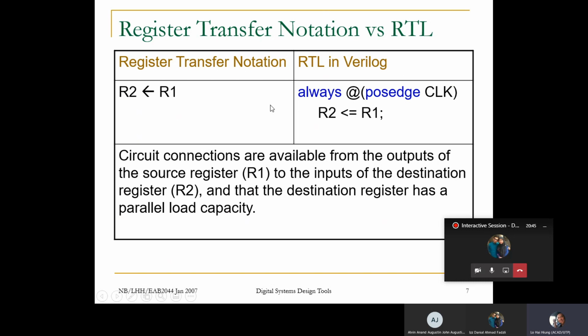So in the Verilog RTL descriptions, we know R2 and R1 are both registers, so they will be triggered by the clock edge, and then data is transferred from R1 to R2 at the positive edge of the clock. So it always happens. They actually transition perfectly from register transfer notation to RTL in Verilog.